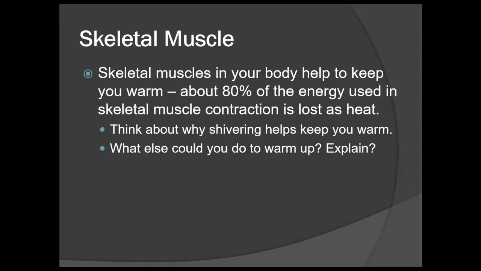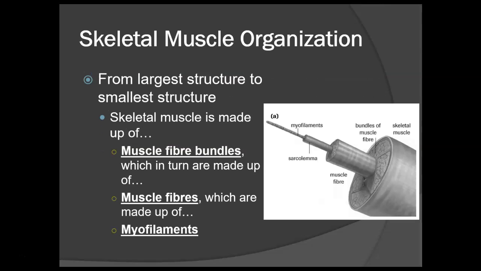Whatever you'd like. So last thing I want you guys to understand on here, and this is about the level of detail, the smallest level of detail I think I'm going to hold you guys responsible for, is talking about how a skeletal muscle is actually organized, what it looks like if we were to take a cross section of it. And that's what this diagram on the right is showing.